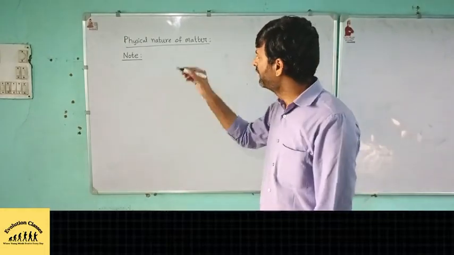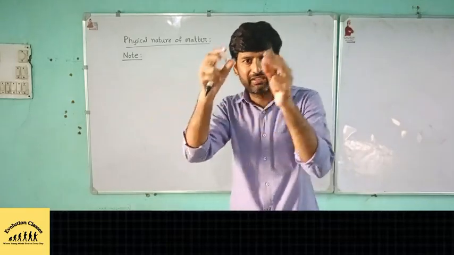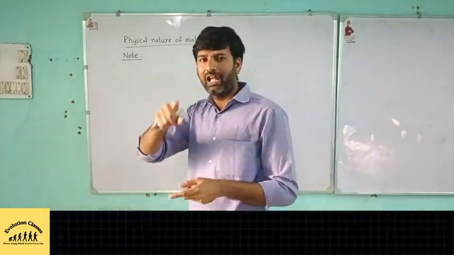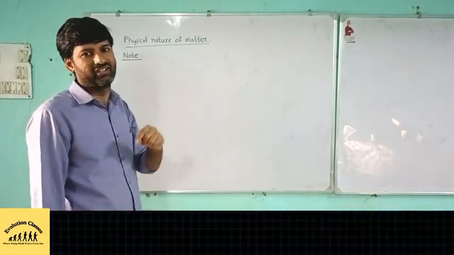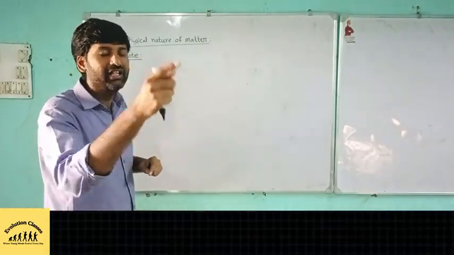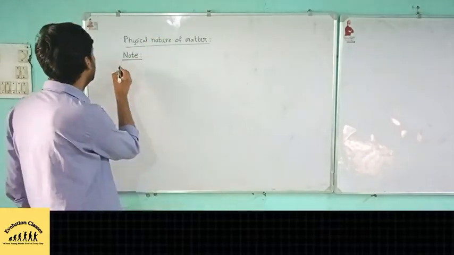That energy we call kinetic energy. That means the particles are moving, so they possess kinetic energy, and this kinetic energy depends on temperature. With increasing temperature, the kinetic energy of the particles also increases.